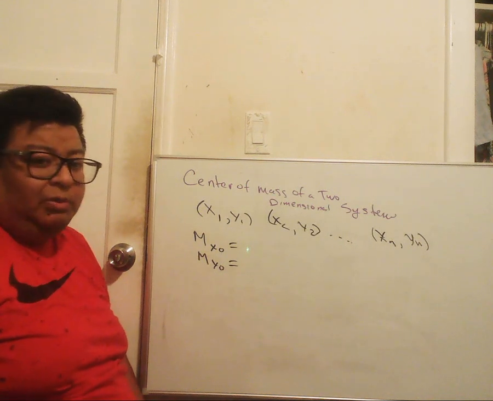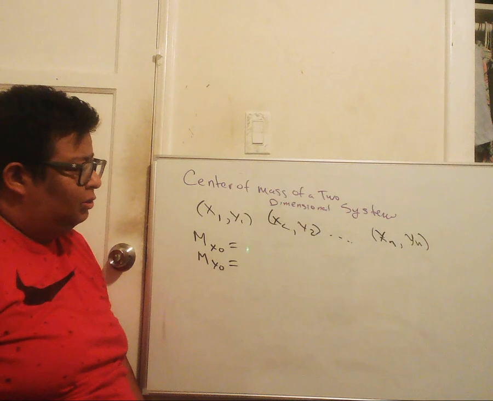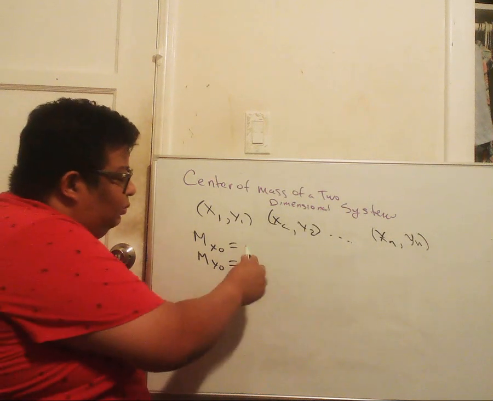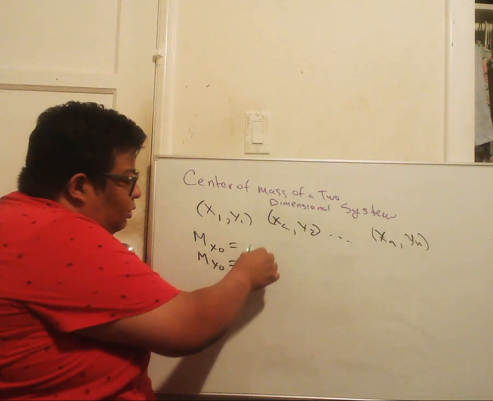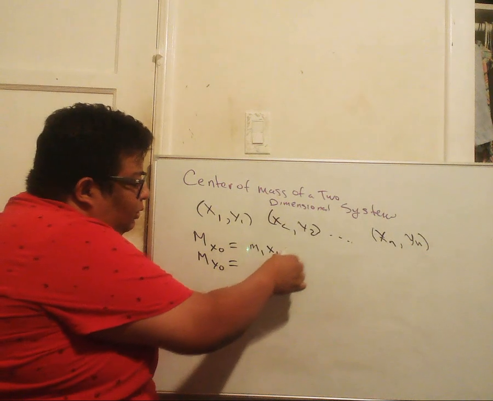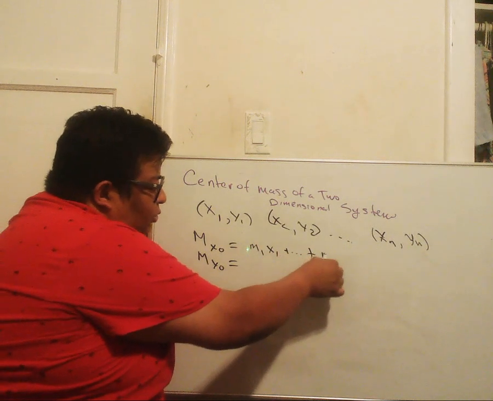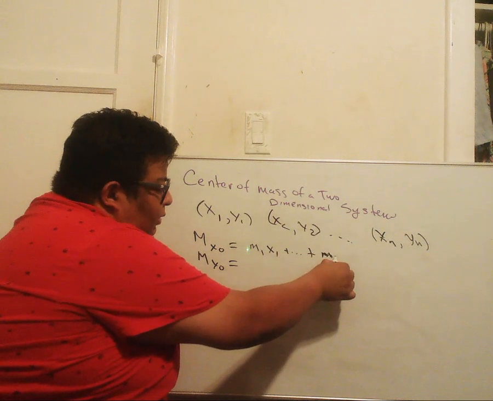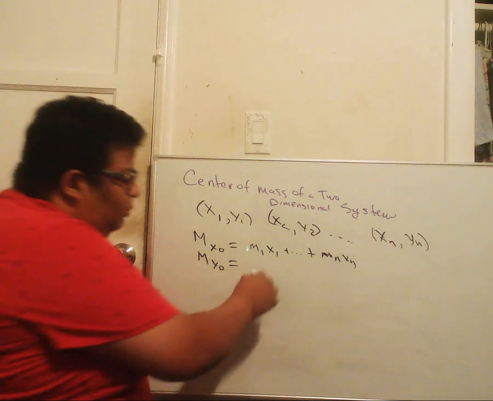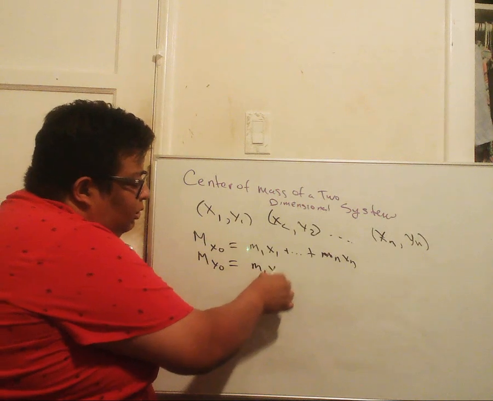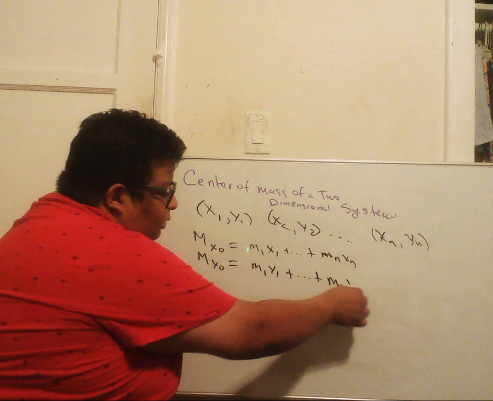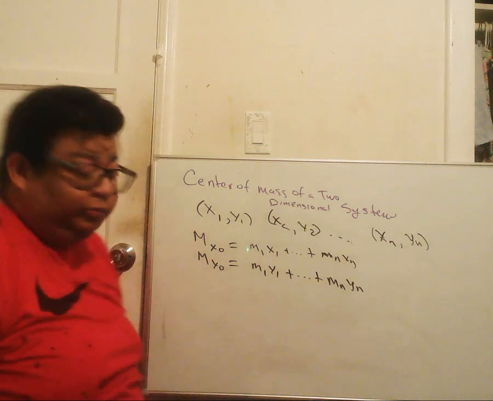So each moment about the origin for each x and y is going to be equal to m1 x1 plus, all the way to mn xn. Similarly, for y it is going to be equal to m1 y1 plus, all the way to mn yn.